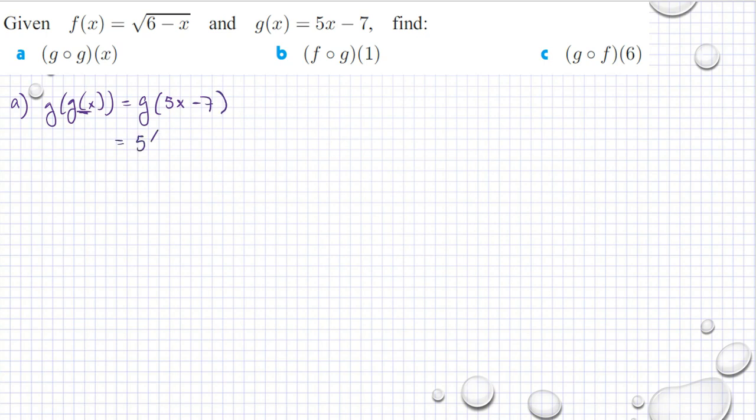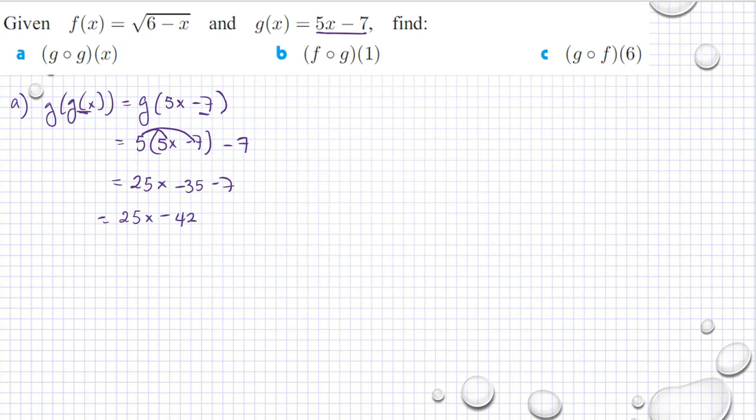We have 5 times that whole thing, 5x minus 7, and then minus 7 there. If we multiply both terms, we have 25x minus 35 minus 7. Then we have 25x minus 42.